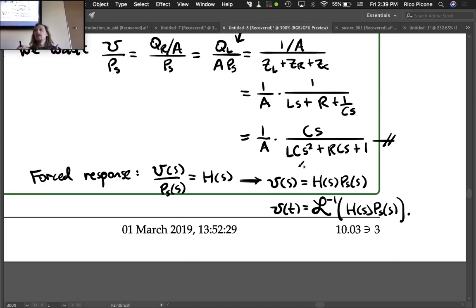That's not the method that we're going to focus on. If we want to find that, we already know how to solve the input-output ODEs, so we could transform it into that form. We already know how to solve the state equation, so we could solve it in that form.